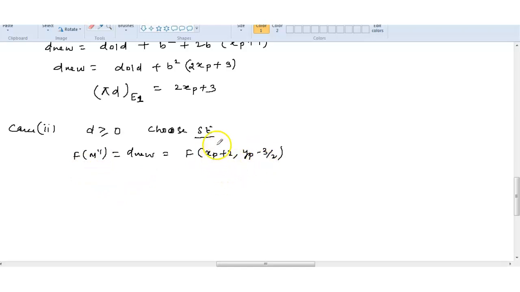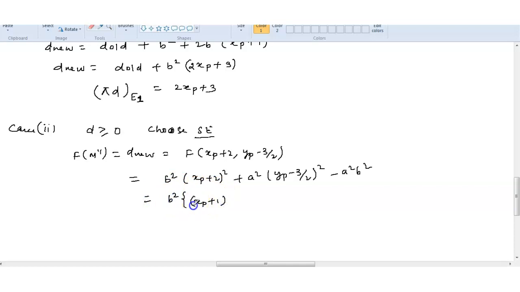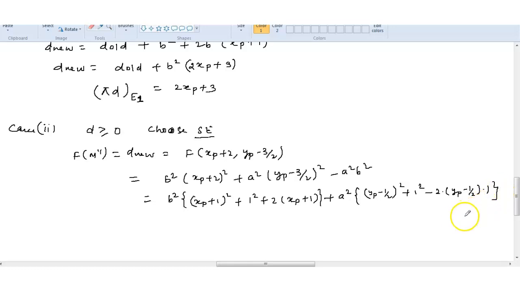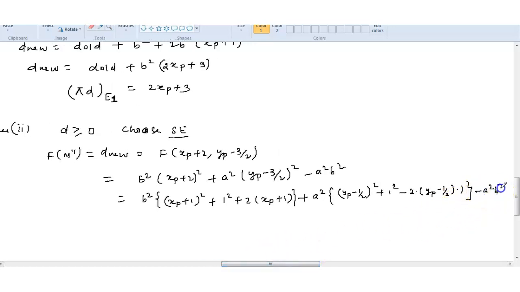So we will substitute again this one in the equation of ellipse. b²(xp + 2)² plus a²(yp − 3/2)² minus a²b². So b²(xp + 1)² plus 1² plus 2(xp + 1), plus here a²(yp − 1 − 1/2), we can write (yp − 1/2 − 1), so (yp − 1/2)² plus 1² minus 2·(yp − 1/2)·1, minus a²b².